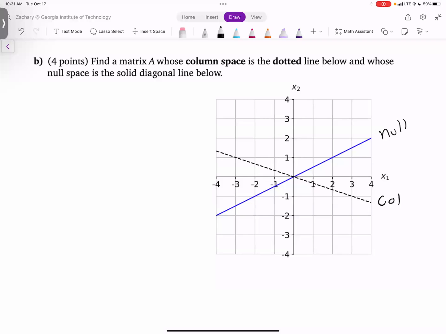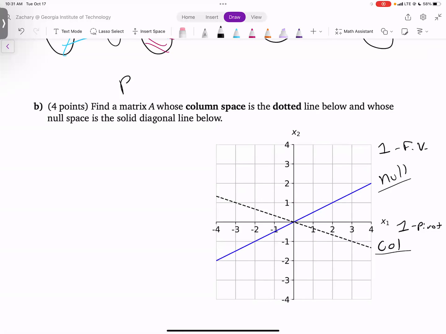So to first talk about what shape of a matrix we have, we need to know where our null space and our column space lie. Both are lines, so that means I have one free variable, and it means I have one pivot. Okay, and by the rank nullity theorem, which just is a sidebar, rank plus nullity is equal to number of columns.